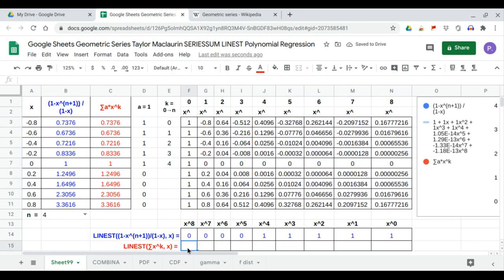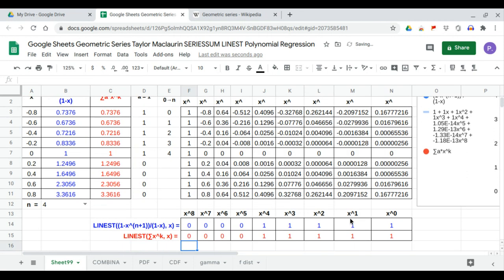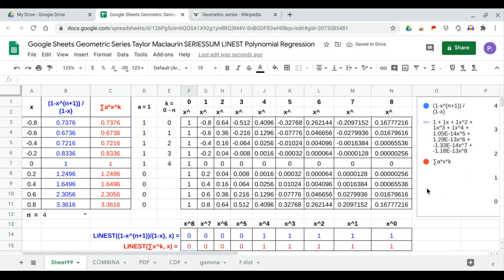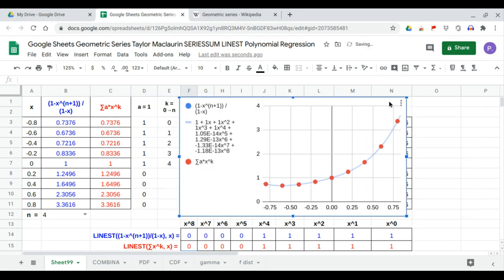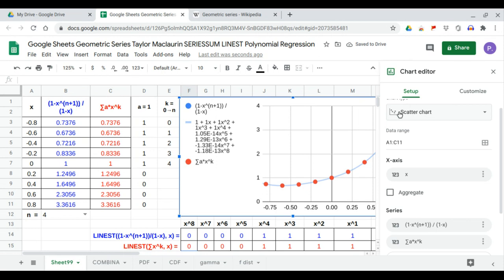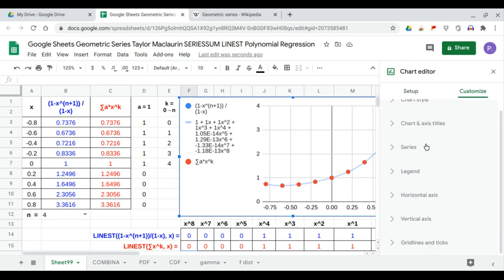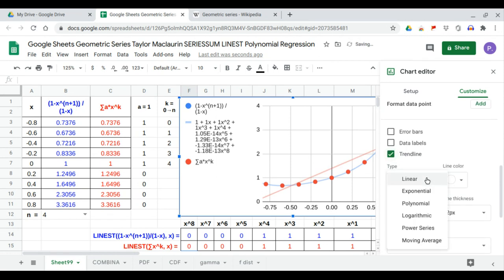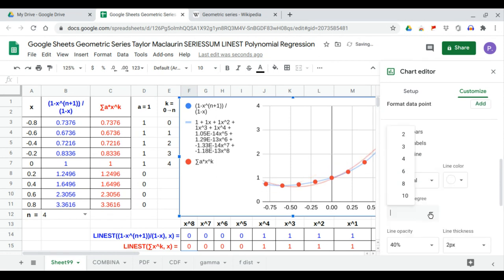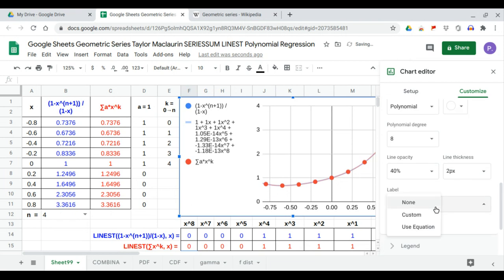Likewise, in the Taylor-Maclaurin series sum, LINEST data y and data x. So start from 0 and we generate the trend line, series trend line polynomial to the 8th degree, and show the equation.